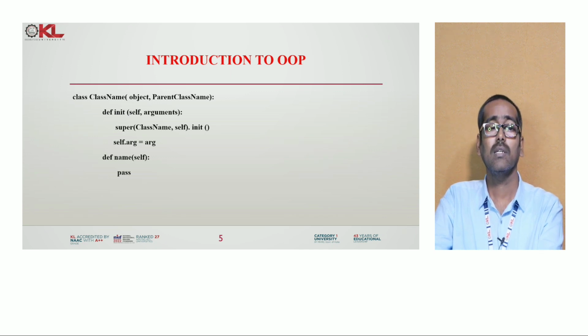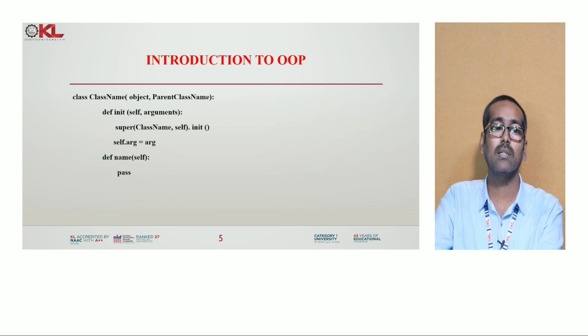Every class has two kinds of properties, instance properties as well as class properties. Similarly, methods are also of three types: class methods, instance methods, and static methods. So these are all very important. Practically we can see them in the coming sessions.